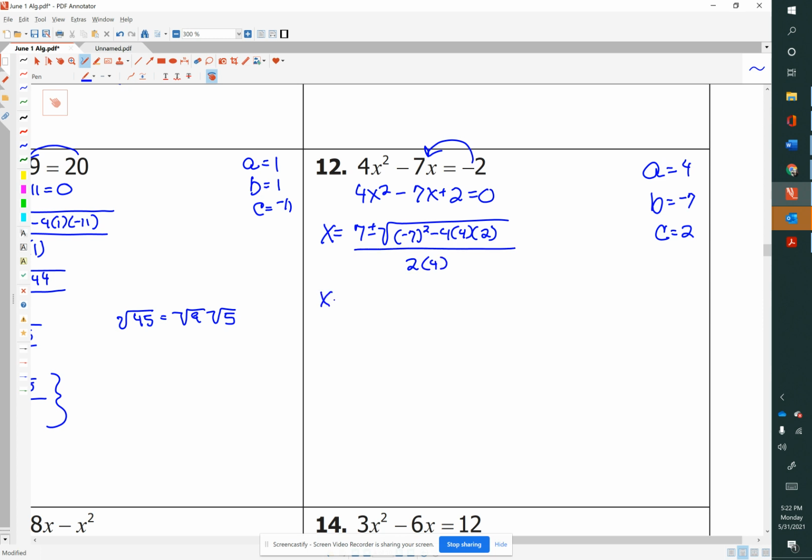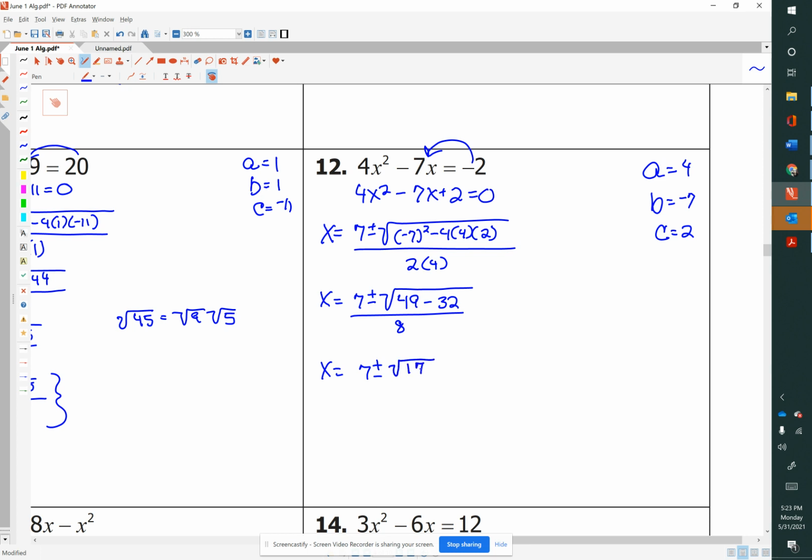And we'll start simplifying. So we've got 7 plus or minus the square root of 49 minus 32, and 2 times 4 is 8. We'll keep simplifying. 49 minus 32 is 17.